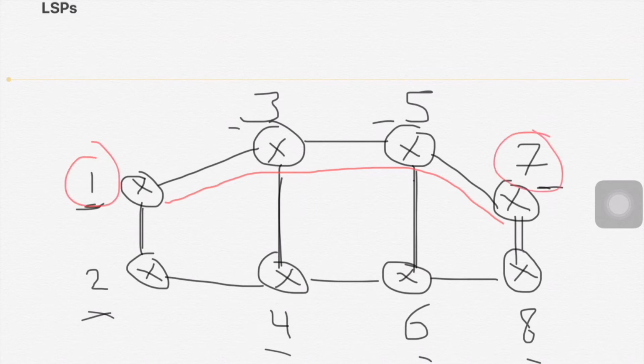So in this example, the routing protocol, for example OSPF, selected the best path to be from router 1 to router 3, router 5, and router 7. This is a complete path. The LSP is the path that will be selected by OSPF for router 1 to get to router 7.